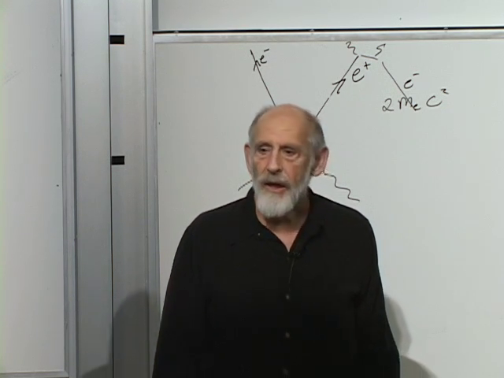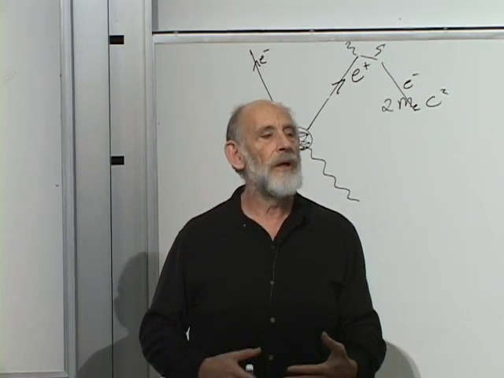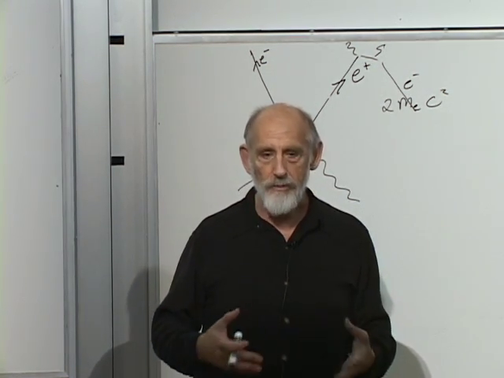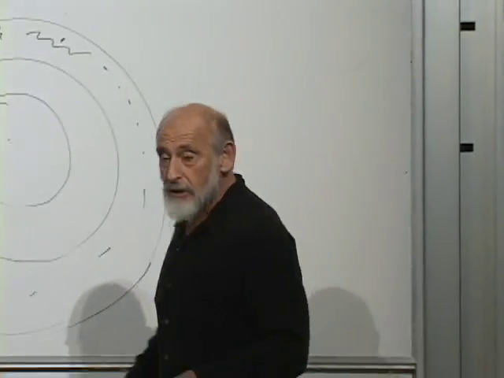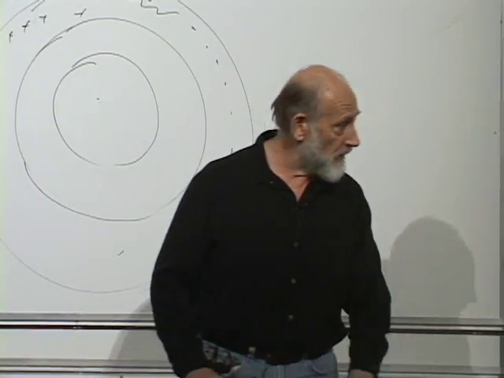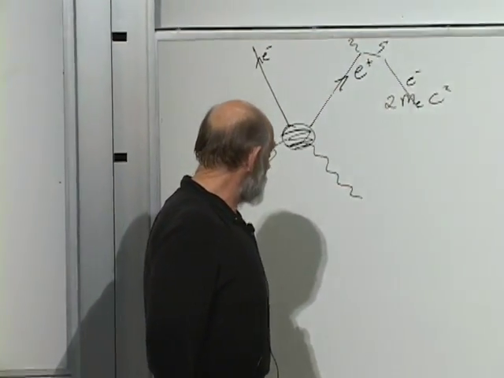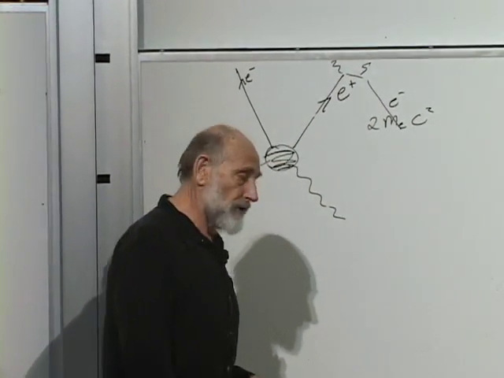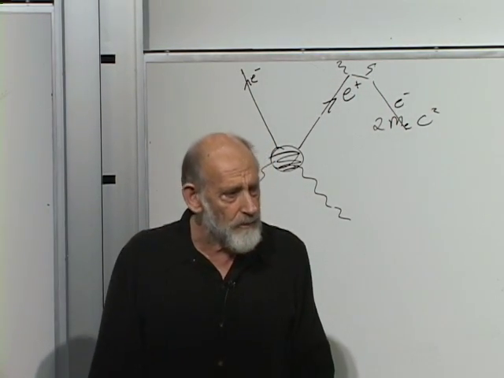And at that point, the number of electrons and positrons, the density of them, is about the same as the number of photons. Roughly speaking, electrons, photons, and positrons all have the same density, and they're all colliding around like mad.